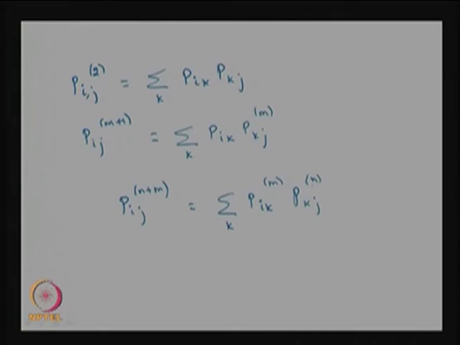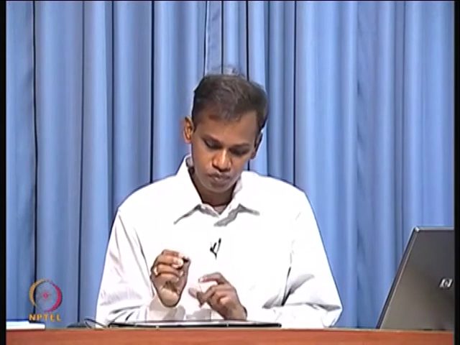That will give, for all possible values of k, the probability of the system moving from I to j in n plus m steps. So, this equation is known as the Chapman-Kolmogorov equation for the time homogeneous discrete time Markov chain.